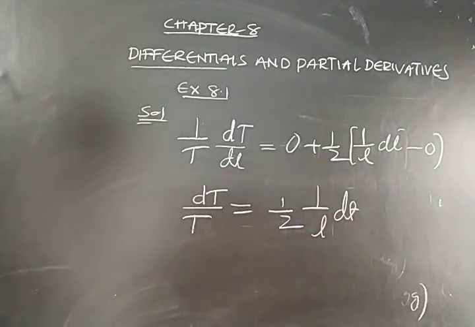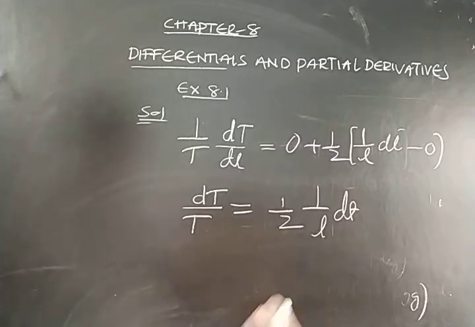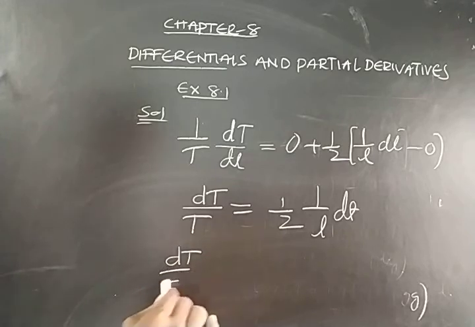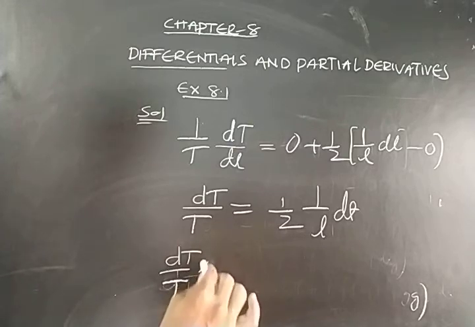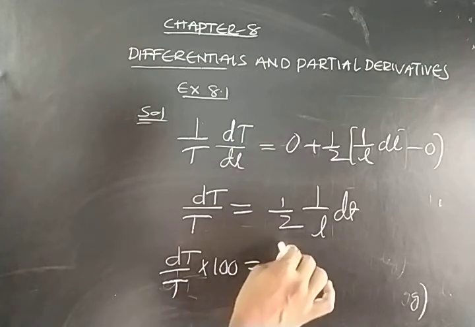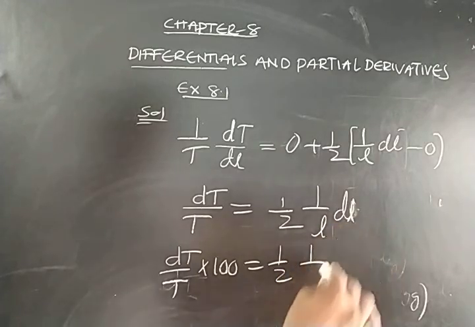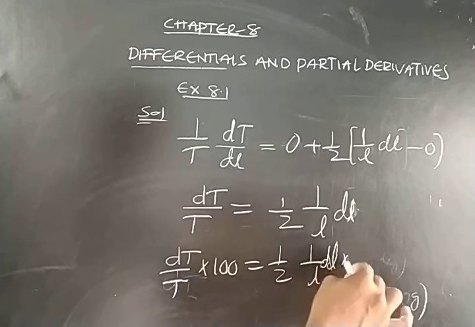So we know the percentage error in L. To find the percentage error in t, I am multiplying by 100 on both sides. dt by t into 100 equals 1 by 2 times dL by L into 100.